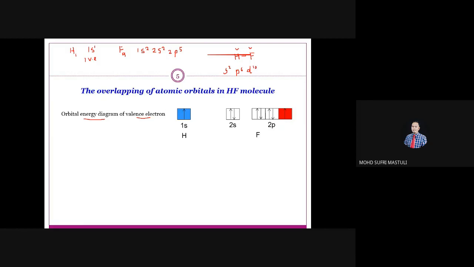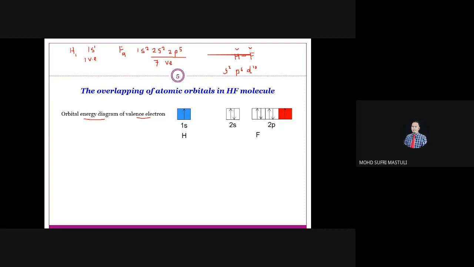So the electronic configuration for fluorine, with 9 electrons, is 1s2, 2s2, 2p5. The valence electrons are in the outermost orbitals. So how many valence electrons? 2 plus 5, 7 valence electrons.